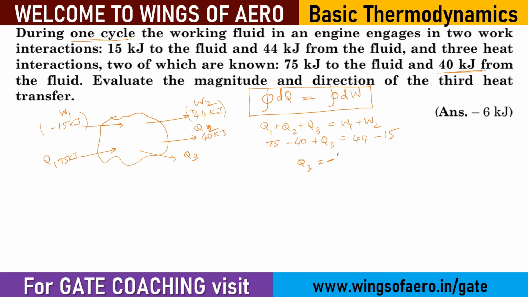So always be careful with the units. Everywhere they have given kilojoule. Sometimes the options will be given in terms of joule, so you should know how to convert to joule. Minus 6 into 10 power 3 joule.